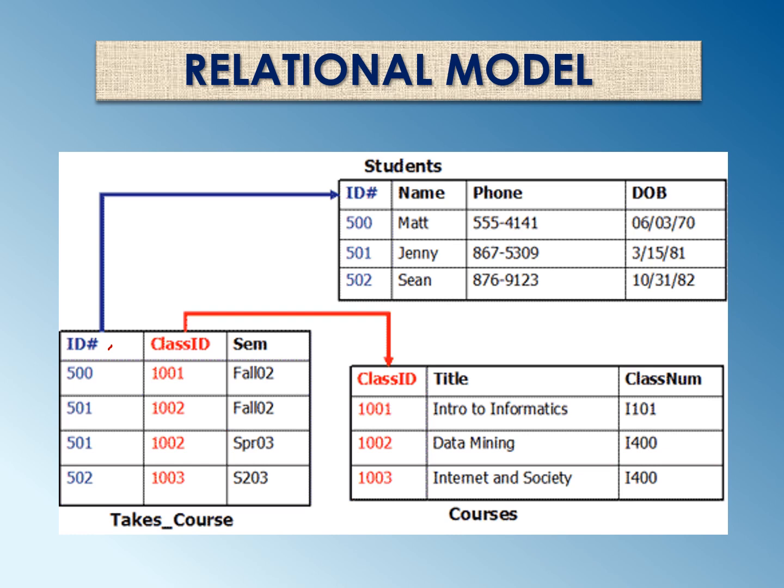The students taking courses table is related with the course table with the help of this class ID. Same way, whatever tables we have in our database can be related to one another. So that is why it is the relational model.